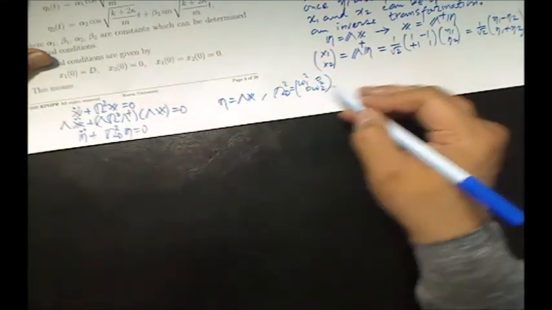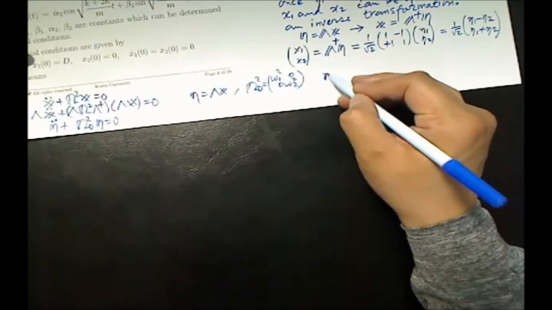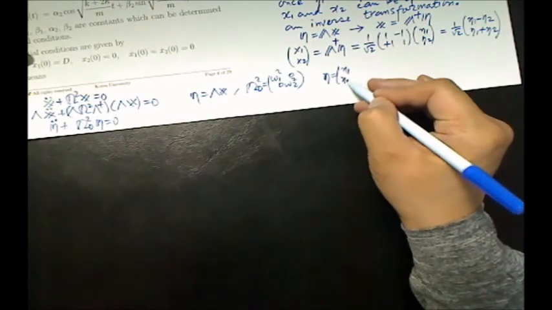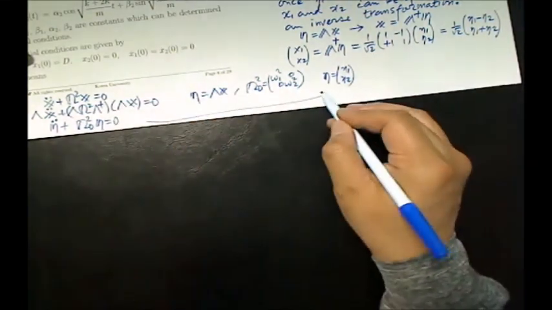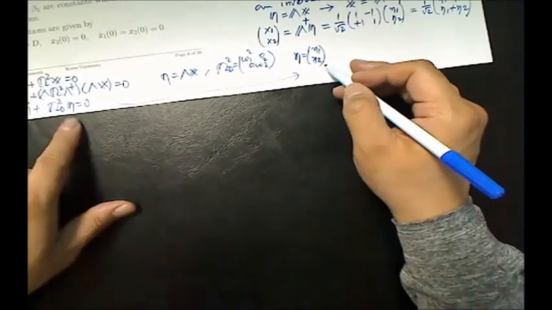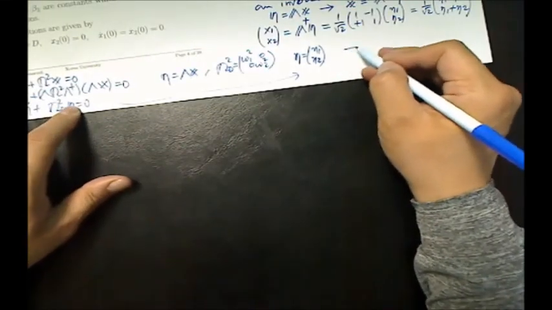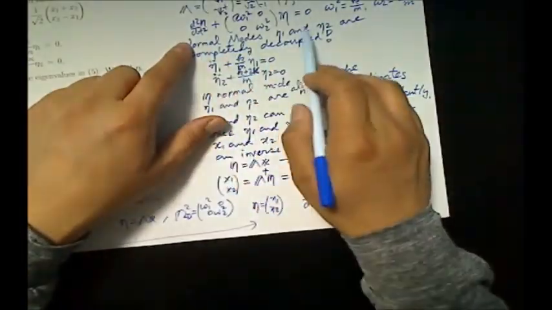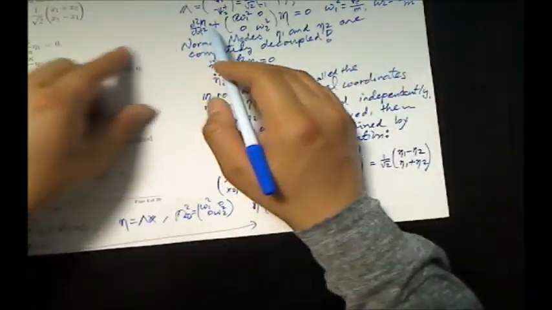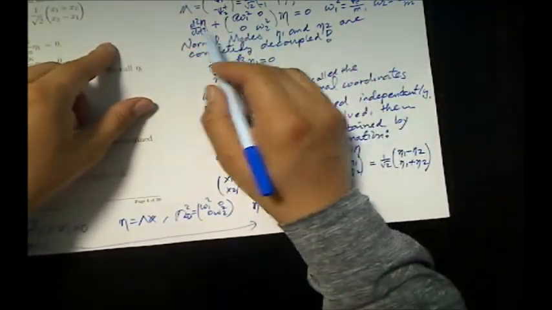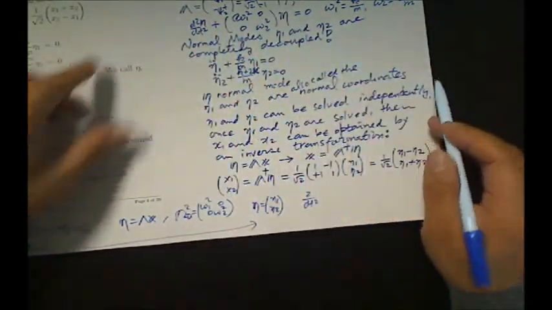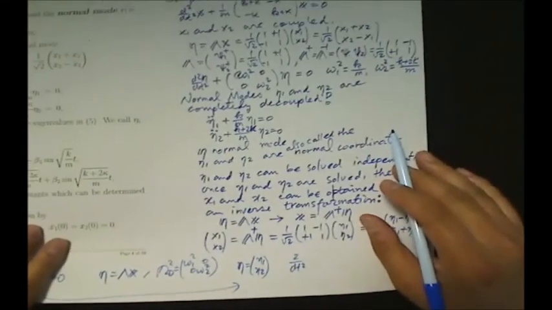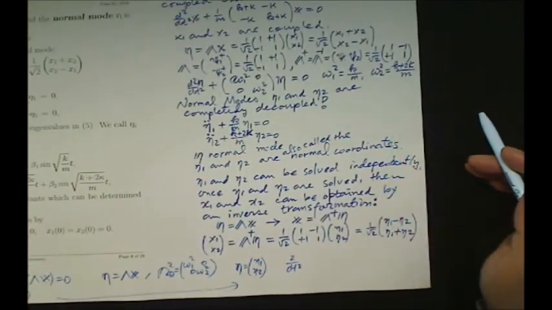Therefore, if eta is eta 1, eta 2, because it is diagonal, the equation is completely decoupled. The first element and second element are independent equations.